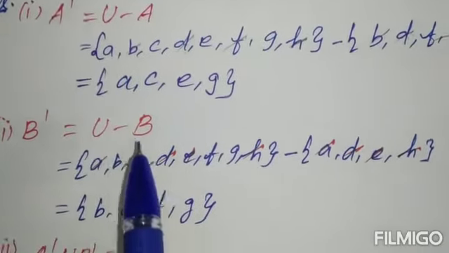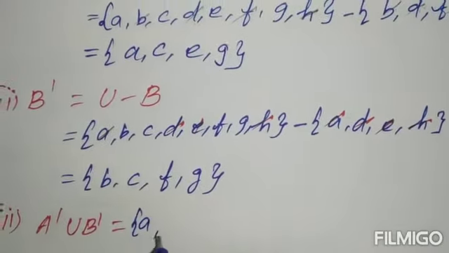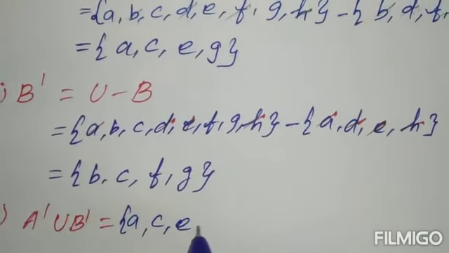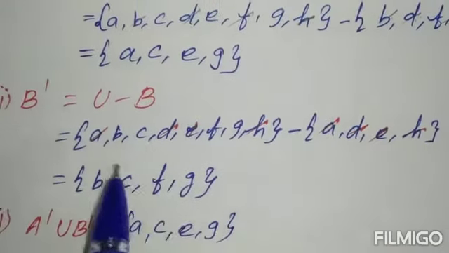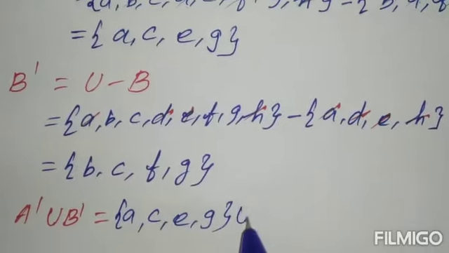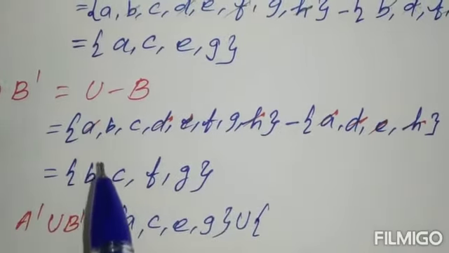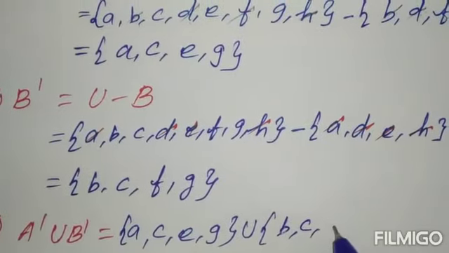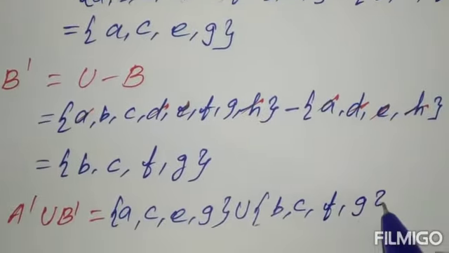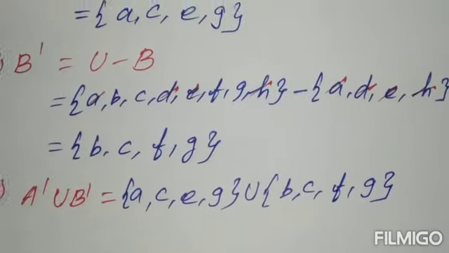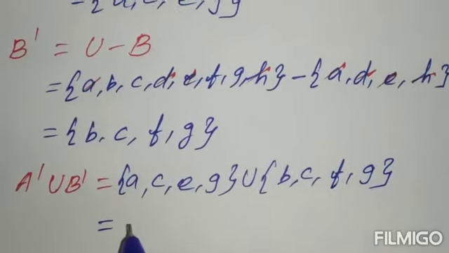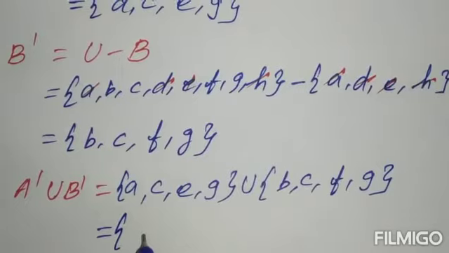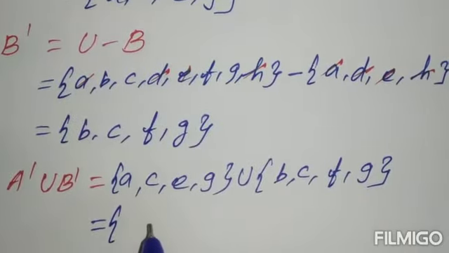First, A complement is A, C, E, G. Then the union symbol. Then B complement elements B, C, F, G. So now we have to write all the elements together. If an element comes twice, we write it only one time.